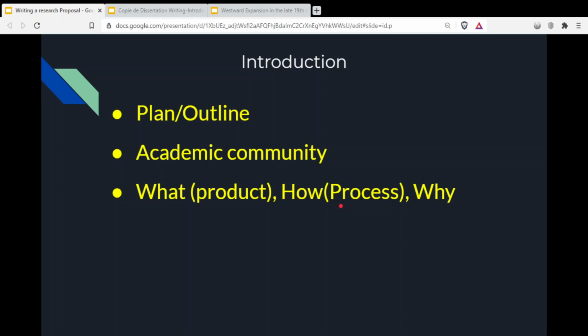If the answer to the what question is, I'm going to analyze the influence of ideology on the evolution of the rhetorical aspect of American children's literature, how the rhetoric in this literature changed through time, so this is my issue.